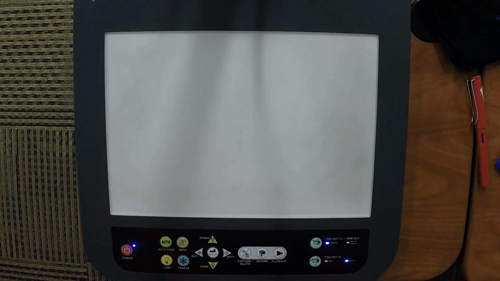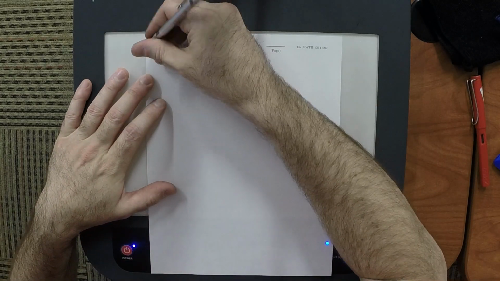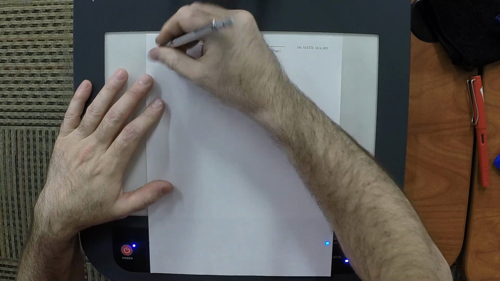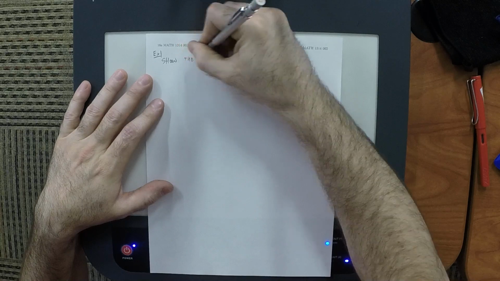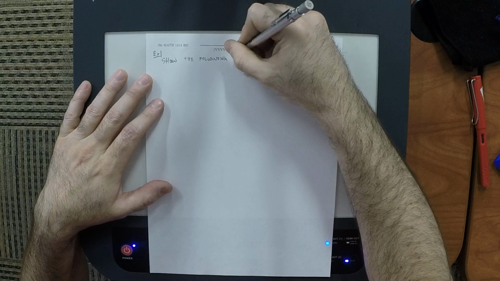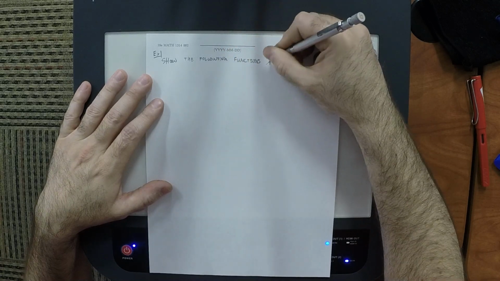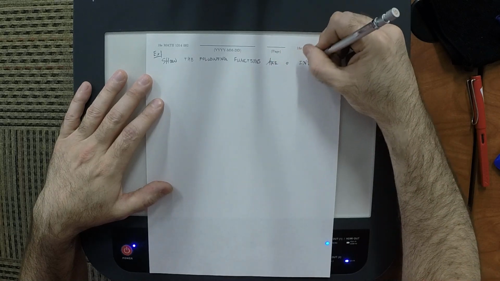Okay. So now, for example, show the following functions are compositional inverses.